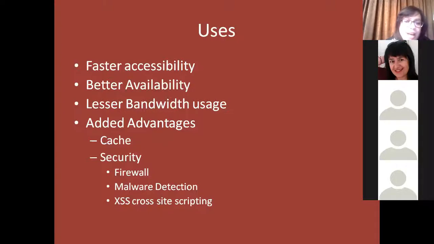So when I, as a user sitting in India, want to surf the same website, I will be given access to the copy that is available on the Asian server. The Asian server would be closer to my location. Thus, it is faster accessibility. There is also lesser bandwidth usage, because the request does not have to travel all the way to the US server. It will be replied back from the Asian server itself.